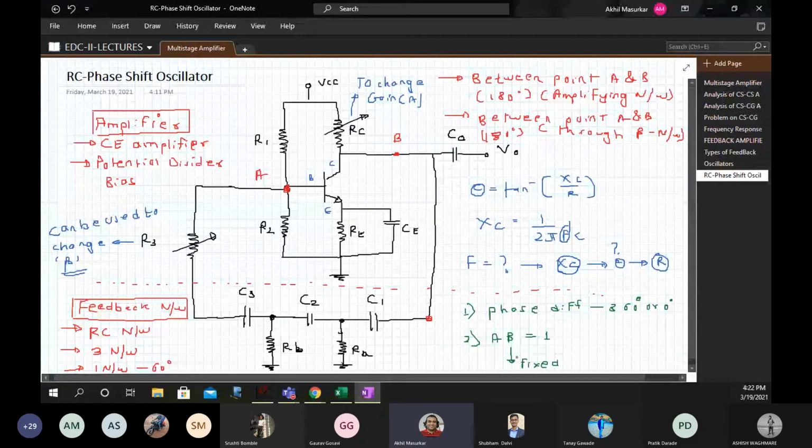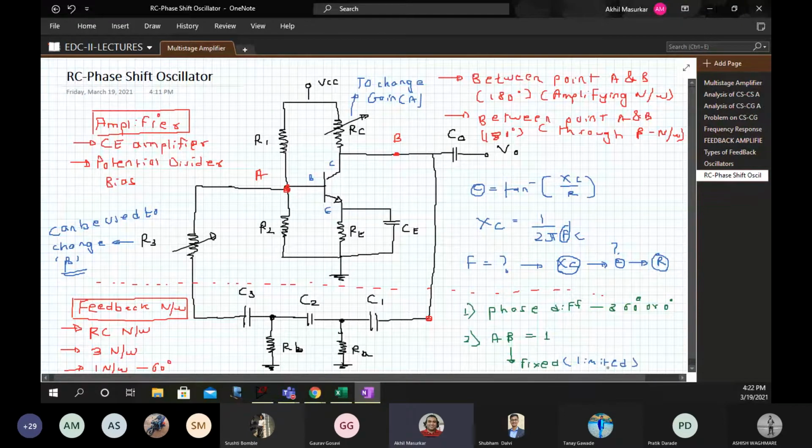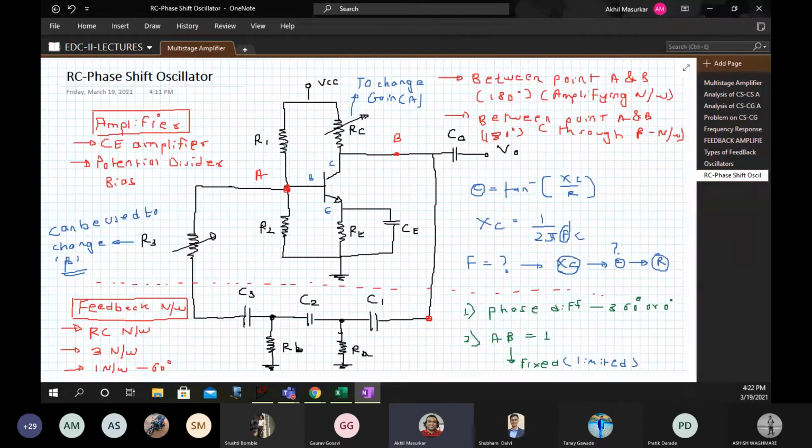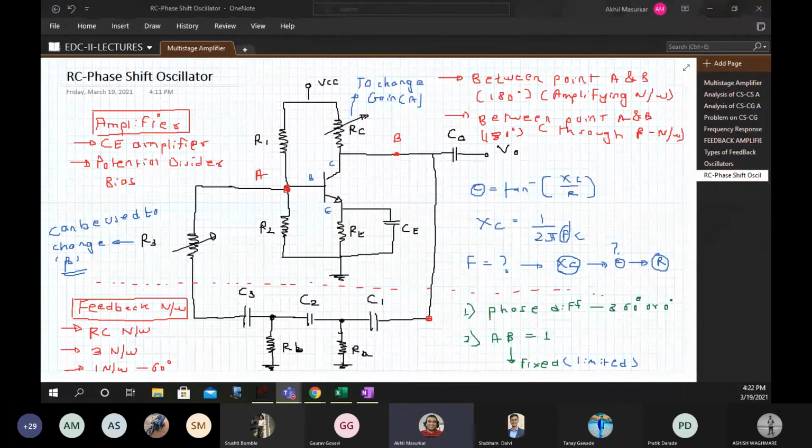However, beta is fixed or limited, but what you can change is A, and we have to ensure that A into beta is equal to 1. Understood? Yeah. So if you have copied this, let us go to the next part.